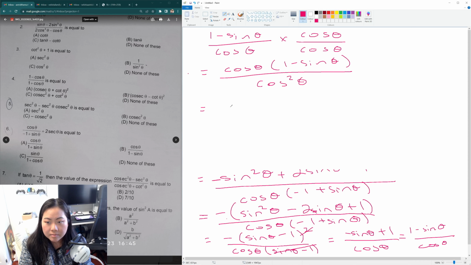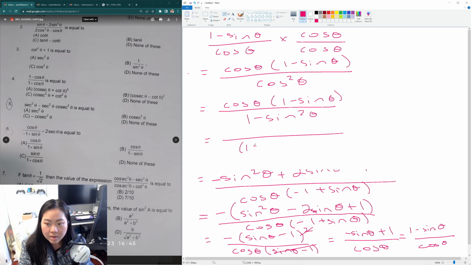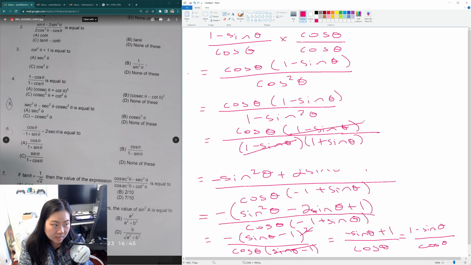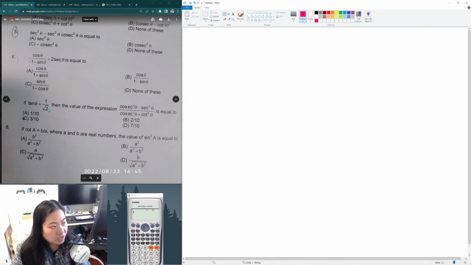Cos squared theta is 1 minus sine squared theta, and 1 minus sine squared theta is a difference of two squares. So I can write that as 1 minus sine theta times 1 plus sine theta. Then that common factor crosses out with that common factor, and we have the answer. We have cos theta over 1 plus sine theta, and that is A.